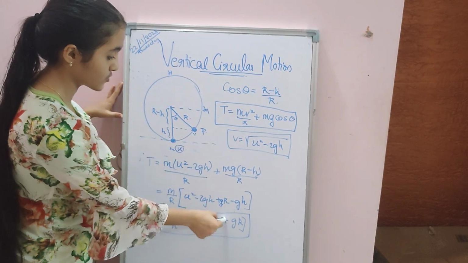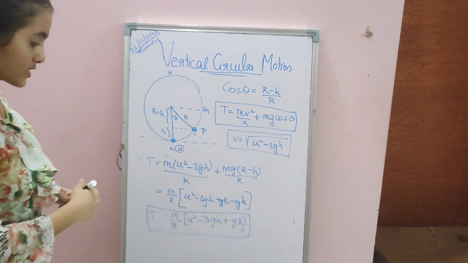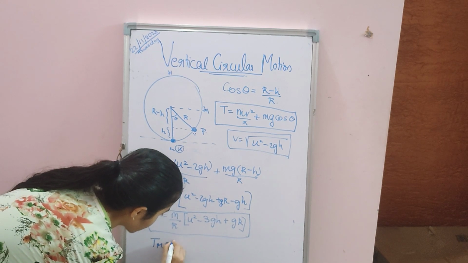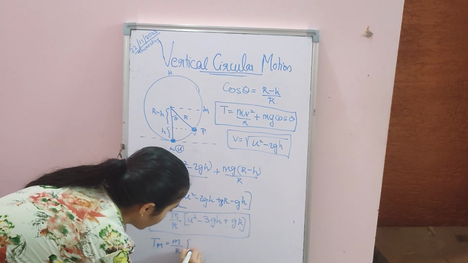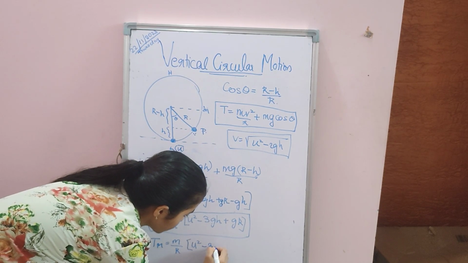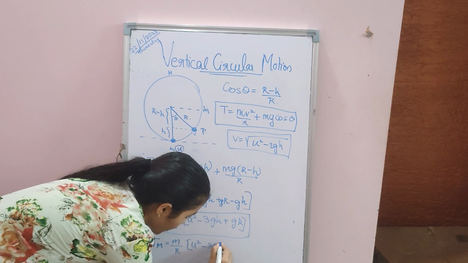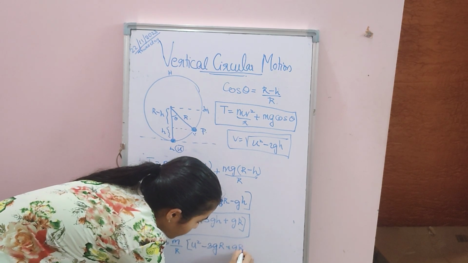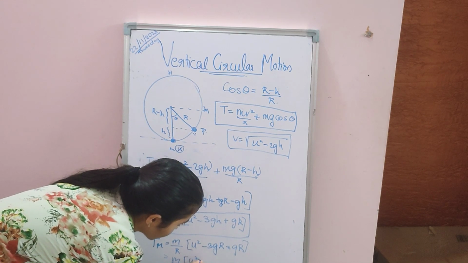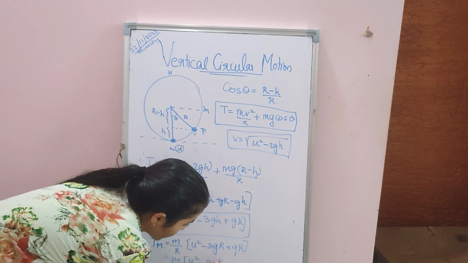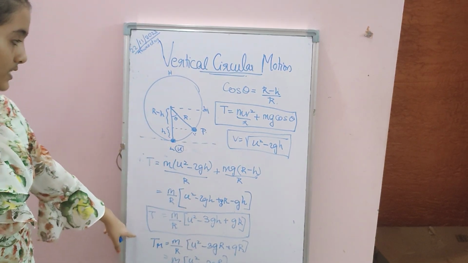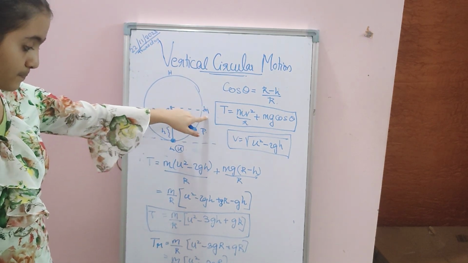So we can substitute this h by r, and we will get that the tension at the point M is equal to m by r into u square minus 3gr plus gr, which is m by r into u square minus 2gr. So we will get this equation. This is the tension at the point M.